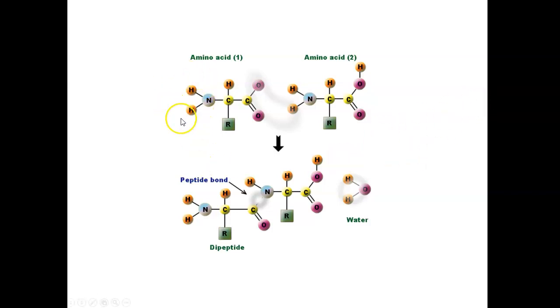What that means is the very first amino acid, the methionine, is going to be our amino terminal end, whereas the other end of our polypeptide chain is going to have this carboxylic acid on the end. So we call that our C terminus.